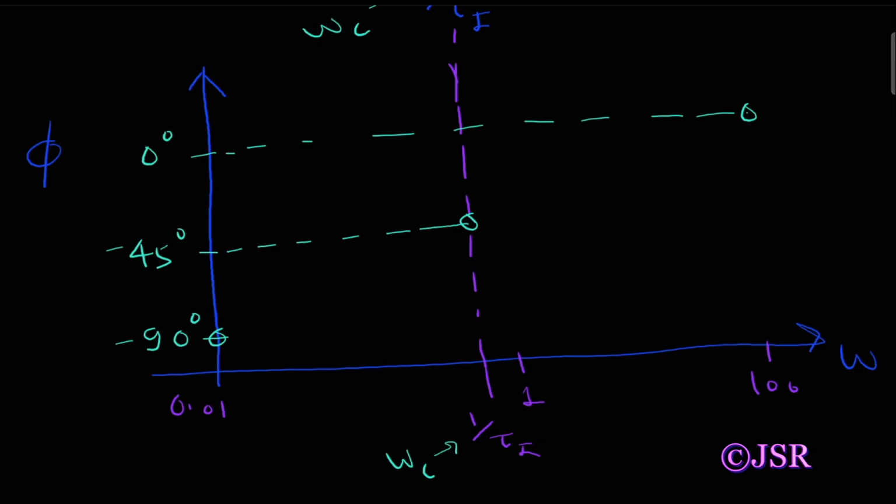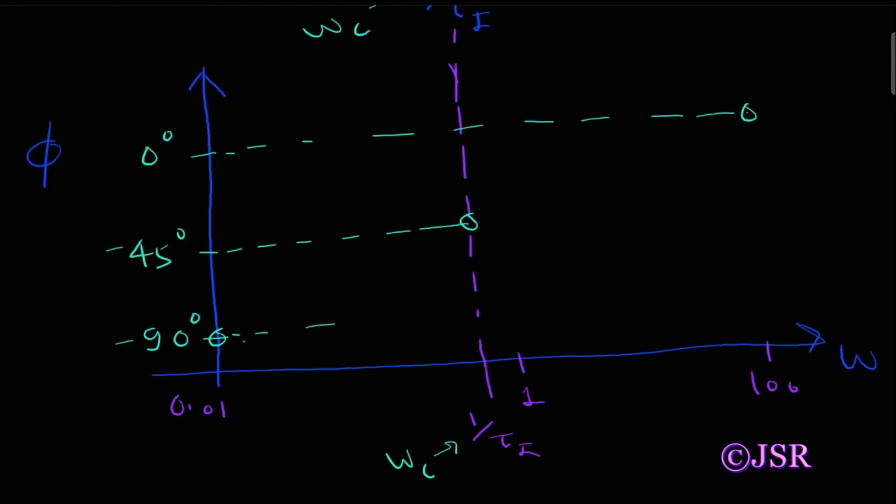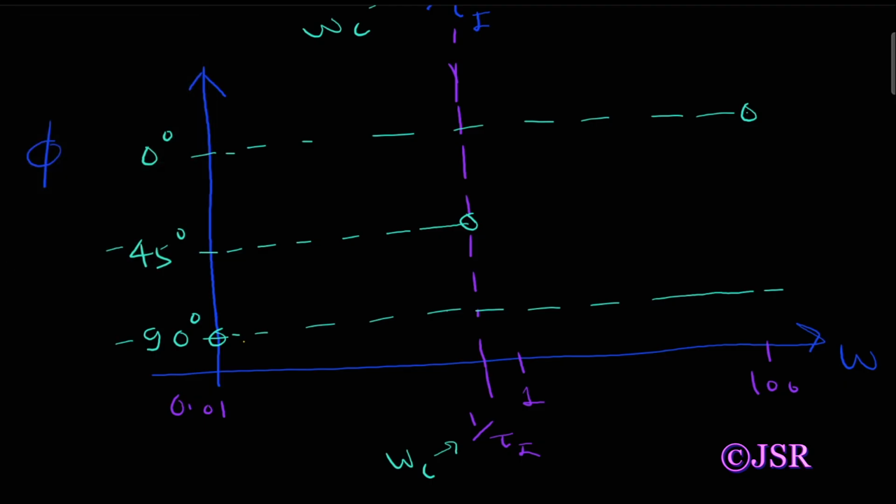So the phase plot can be drawn like this. We will start from minus 90 degree when omega is equal to 0, and then go up to 0.